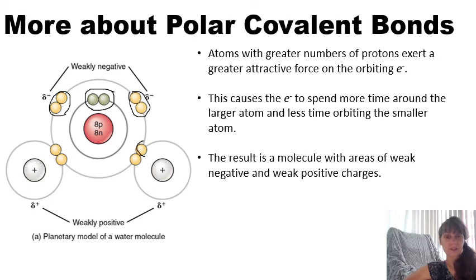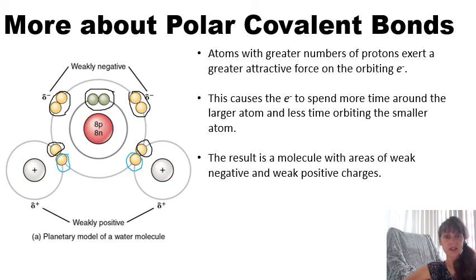However, it's going to share an electron with a hydrogen atom on one side, and it will share an electron with a hydrogen atom on the other side, while the hydrogen atoms share their electrons with the outermost shell of oxygen.